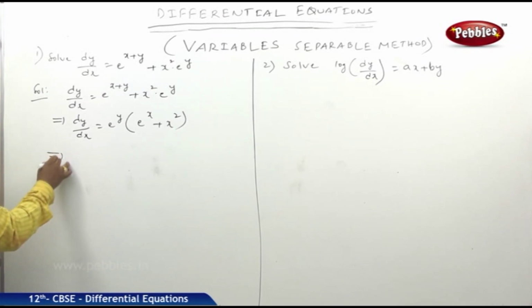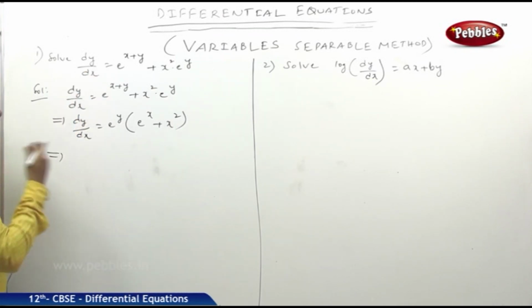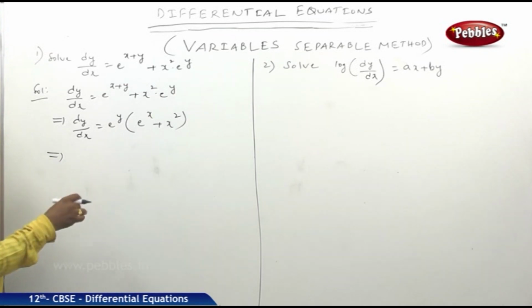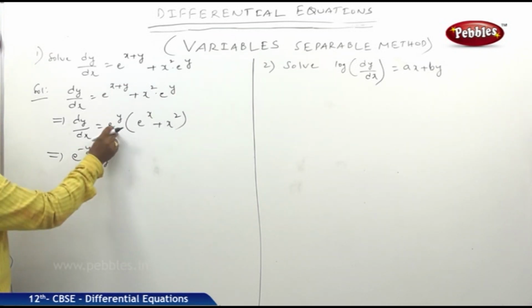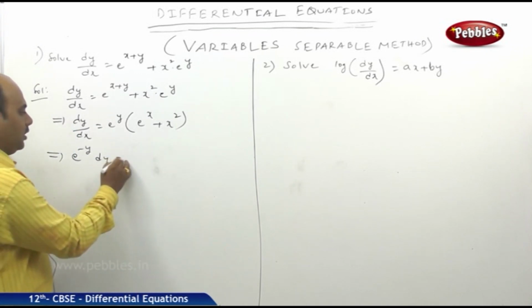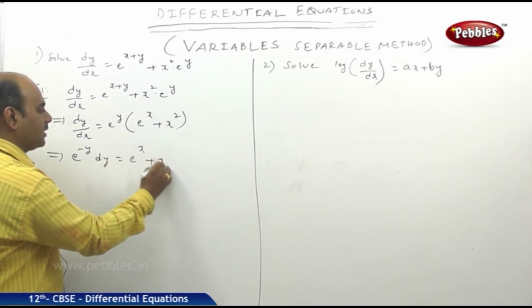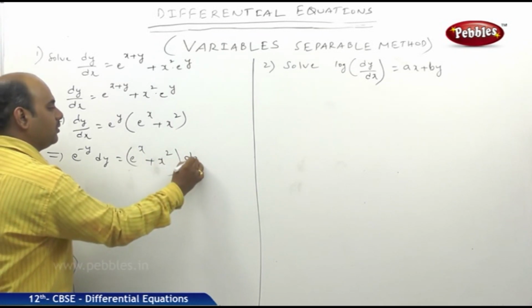As the name itself is suggesting, make all y terms to one side and all x terms to one side. So this can be written as e power minus y dy, because it is coming to this side, and e power x plus x square into dx.